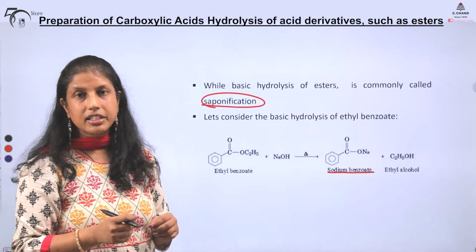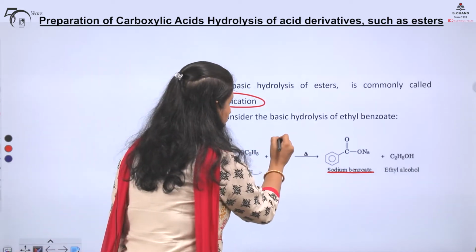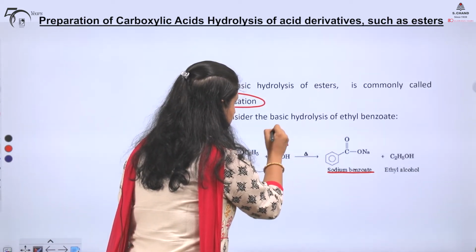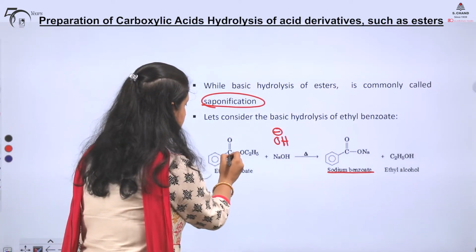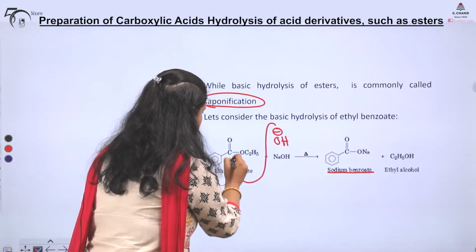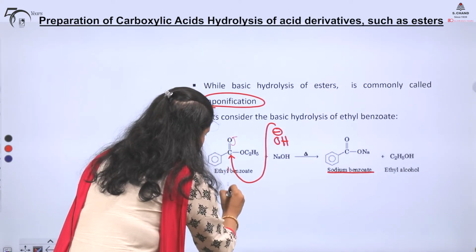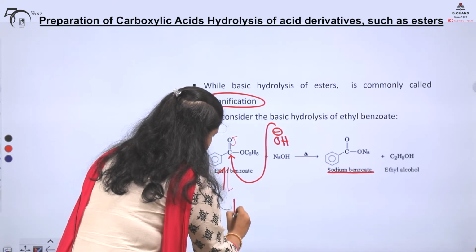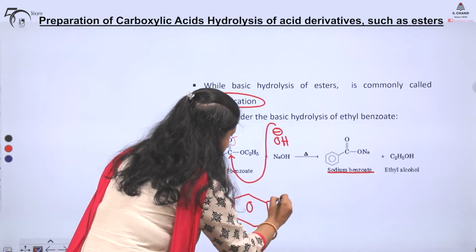Let's look at this reaction a little more. So, in our first step, our nucleophile or our base, sodium hydroxide, the hydroxyl attacks the electrophilic carbon of our ester molecule and it forms our tetrahedral intermediate.